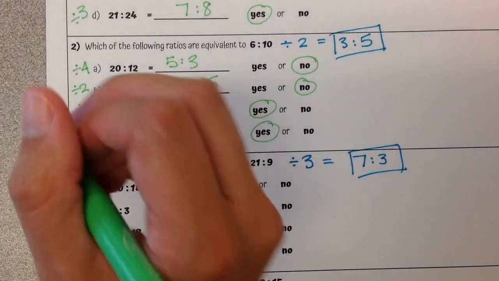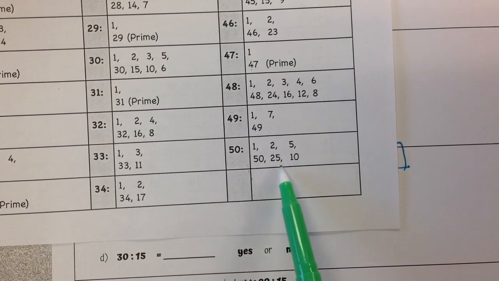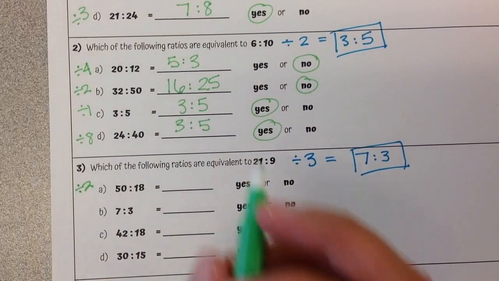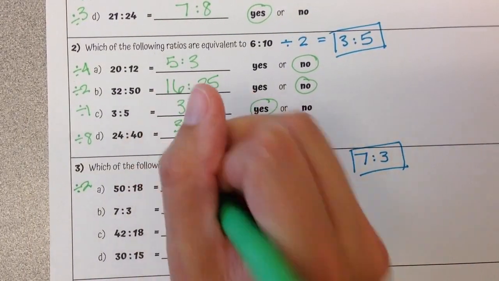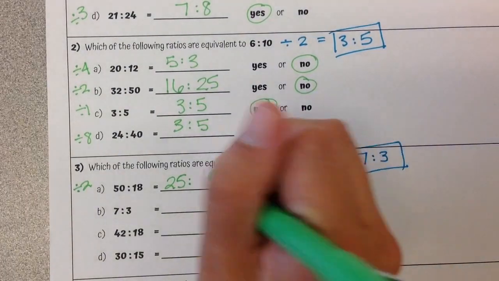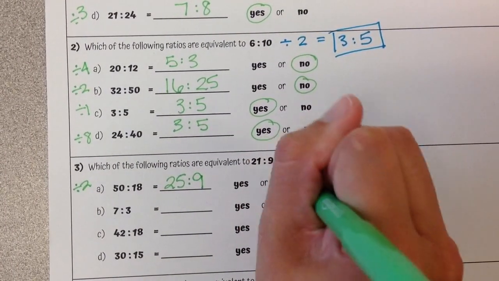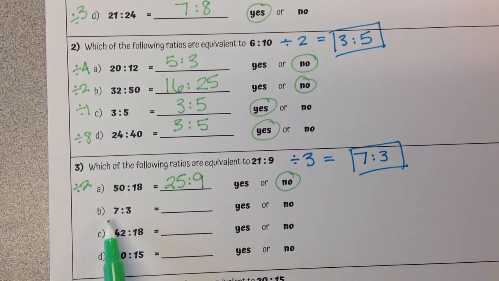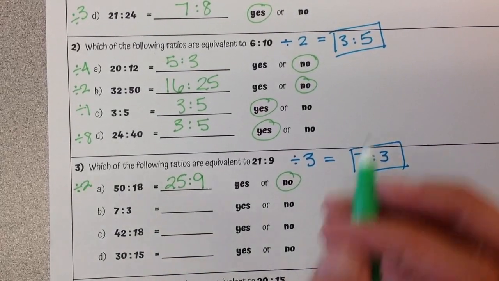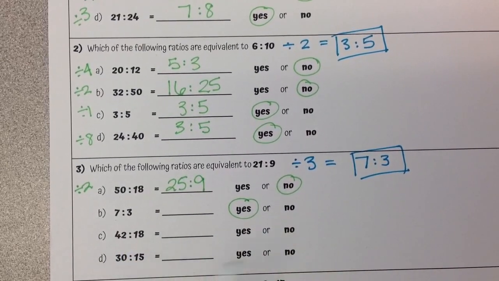So the highest number they both divide by is 2. 50 divided by 2 matches up with 25. 18 divided by 2, the 2 matches with 9. Is 25 to 9 the same as 7 to 3? No. Okay, the next one, is 7 to 3 the same thing as 7 to 3? Yeah.